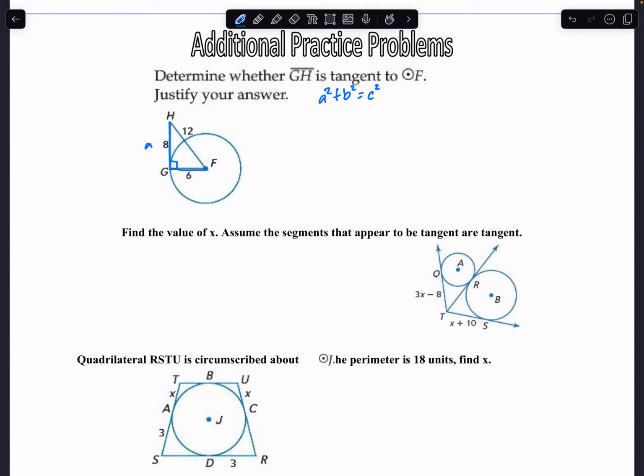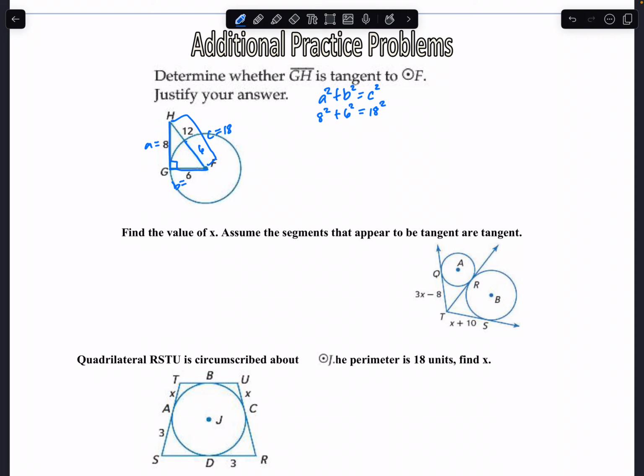I have A, I have B, and I have this full length as C. Since the radius here is also 6, the full length is going to be 18. So let's try the Pythagorean theorem. I have 8 squared plus 6 squared should equal the hypotenuse, which is 12 plus 6, 18 squared.